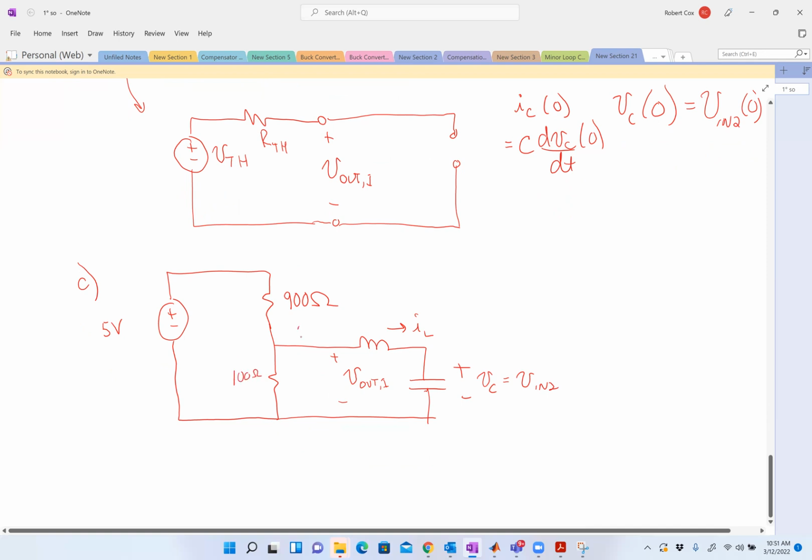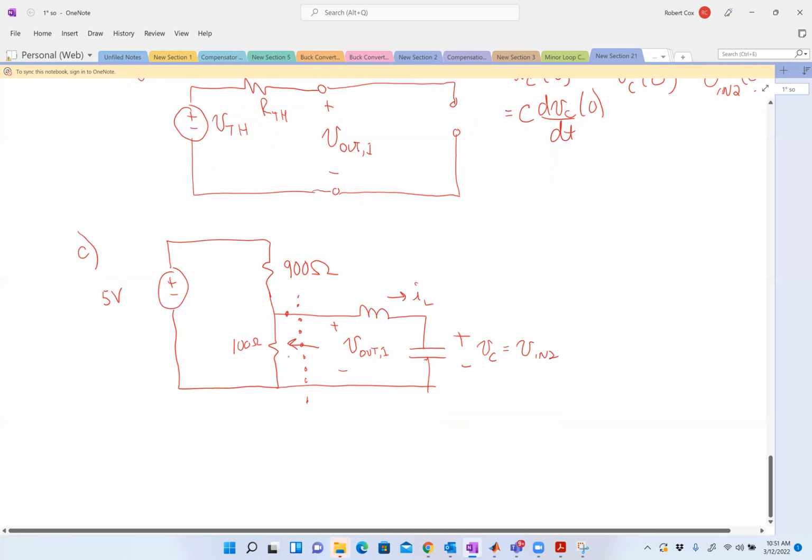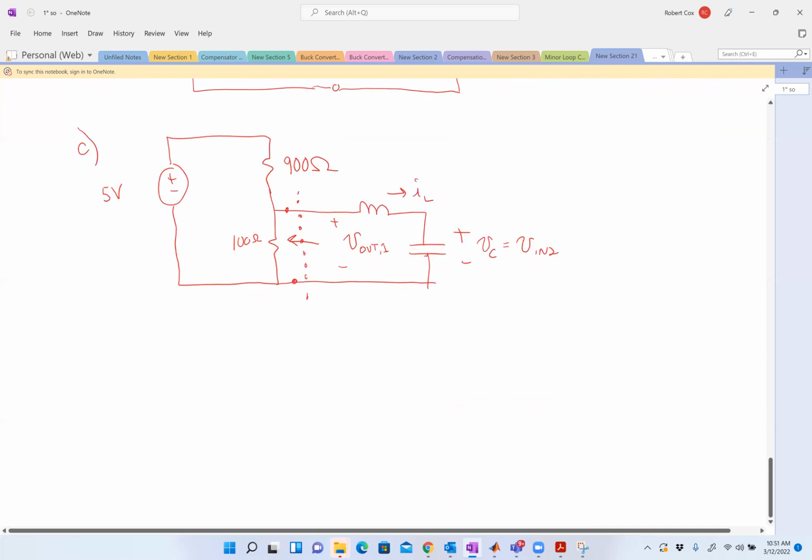What I'm saying is I want to create a Thevenin equivalent for everything looking that direction. So if these are the terminals, I want to replace everything to the left of that with a Thevenin equivalent, where this is a V Thevenin and an R Thevenin.